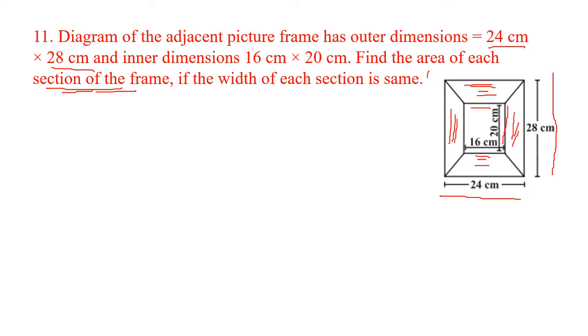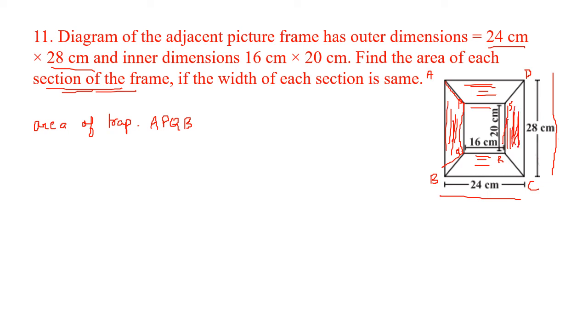So we have to first name the figure A, B, C and D. Let me call this P, Q, R and S. So I have to find the area of each section. So area of trapezium APQB, and you will see the area of this trapezium and this trapezium is the same.